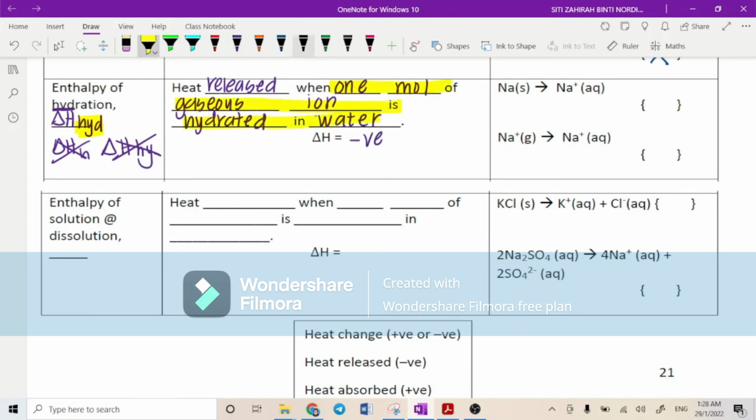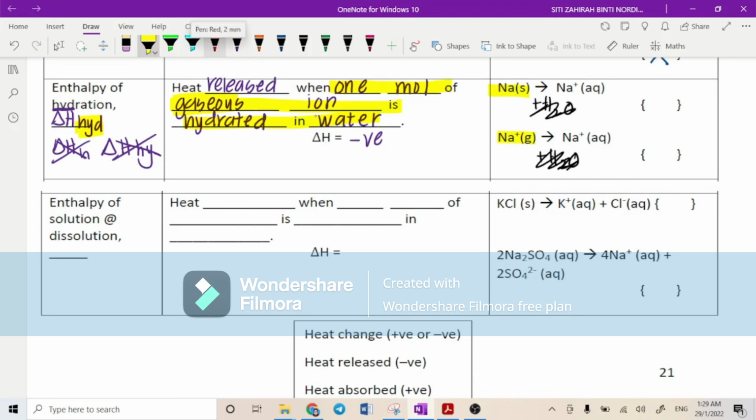For all the equations, you don't have to write it as plus H2O, because we already know that hydration means you hydrate it with water. So what about the mole of the gaseous ion? The reactant should be in gaseous ion form. So which one has the gaseous ion?